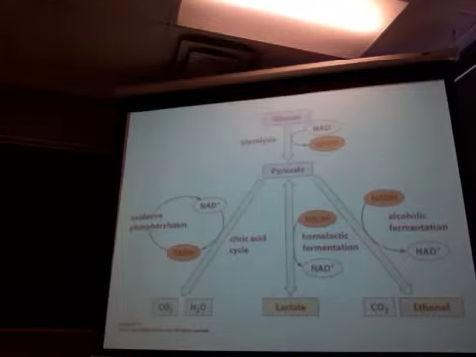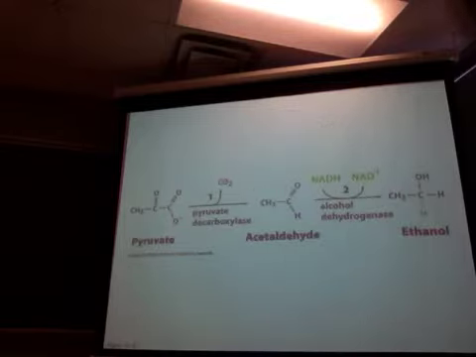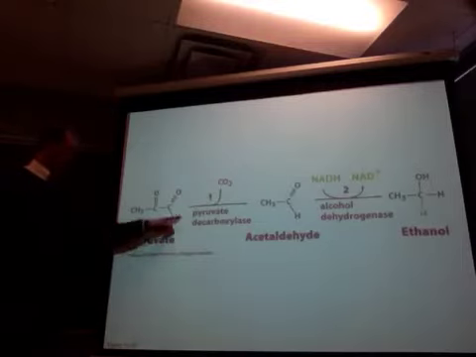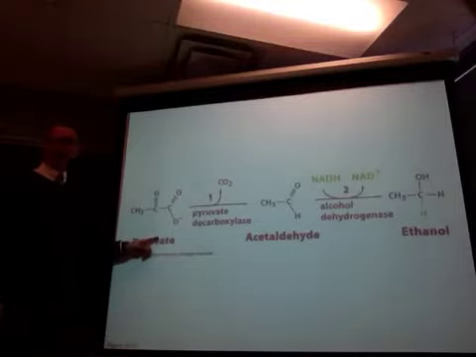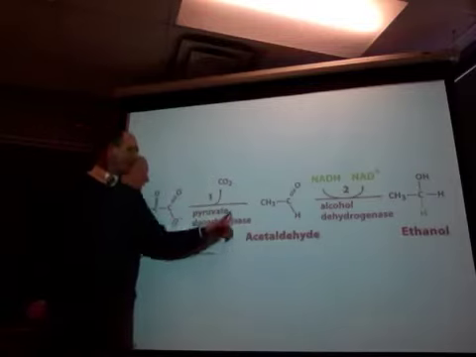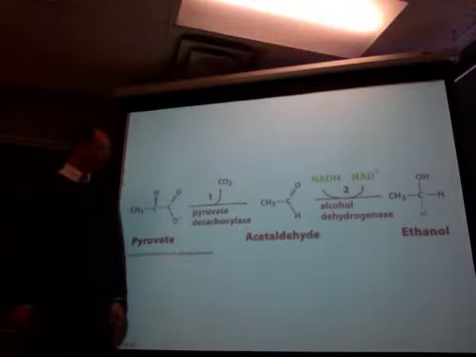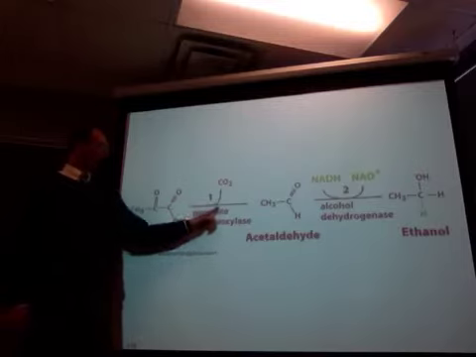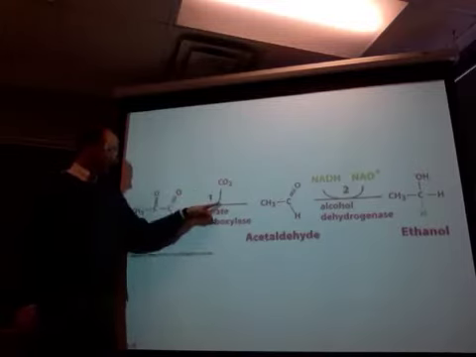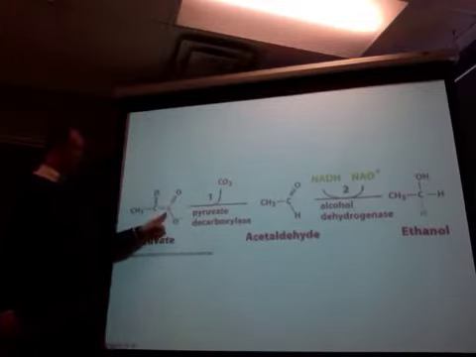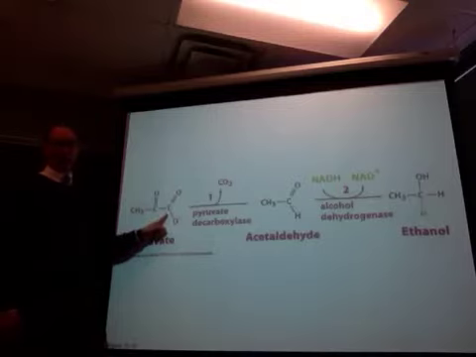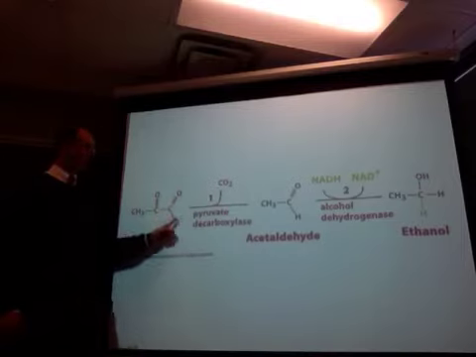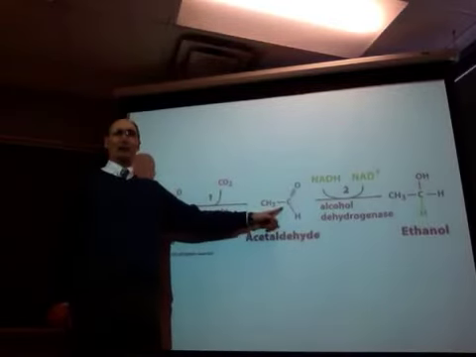So, if we're going to do alcoholic fermentation, we go this way. Anything that does alcoholic fermentation, you start with pyruvate, right? Where glycolysis ended. And you need an enzyme, pyruvate decarboxylase. Pyruvate decarboxylase decarboxylates pyruvate. That is, it takes off the carboxyl group, leaving acetaldehyde.